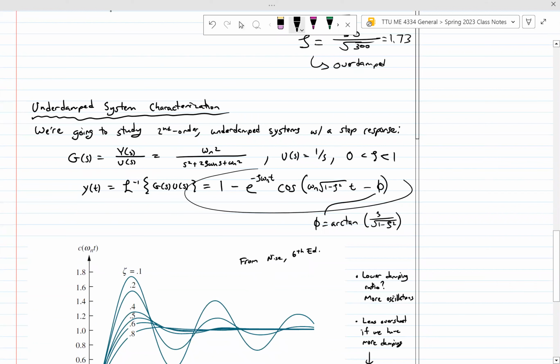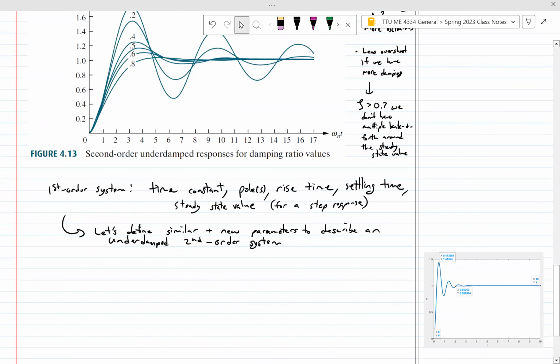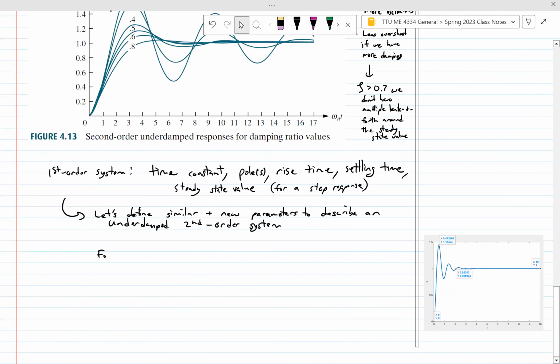This will probably tell us some parameters, specifically for a step response, again, is what I want to focus on. So maybe I'll just write it down here. For a step response, we had y equal to 1 minus e to the negative zeta omega n t, cosine of omega n square root of 1 minus zeta squared t minus phi, and phi has a bunch of zetas in it.